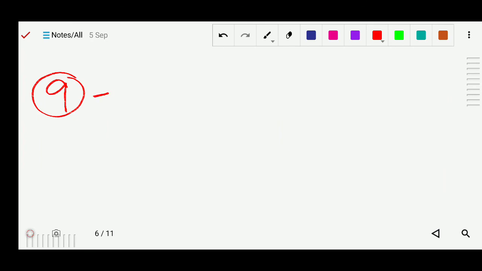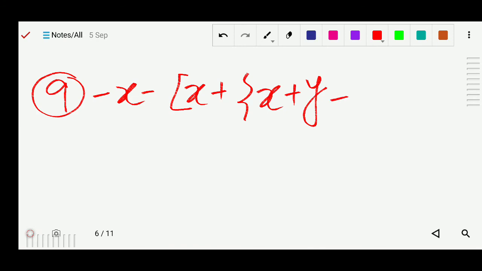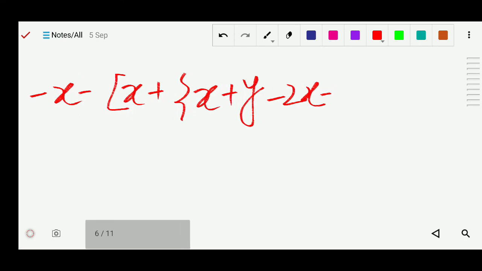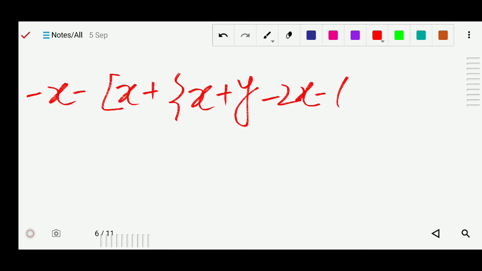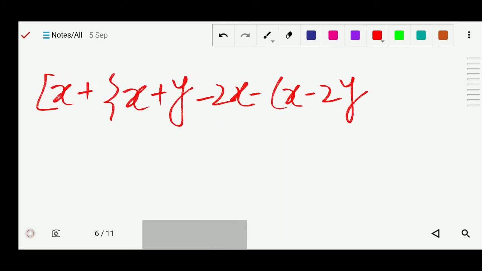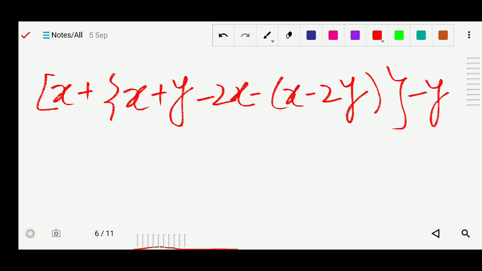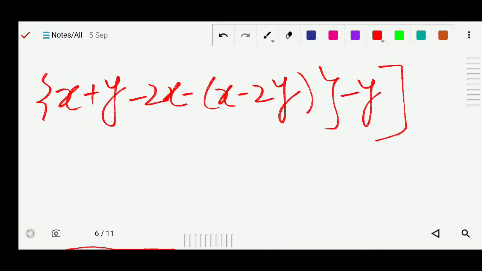Question minus x, okay, again minus sign, then x plus, inside this x plus y minus 2x, okay, then minus, then after x minus 2y, okay, then after bracket close, medium bracket, minus y, then after the this bracket.